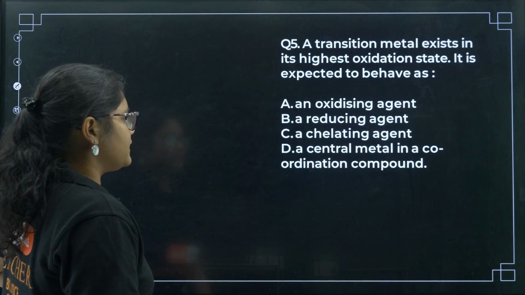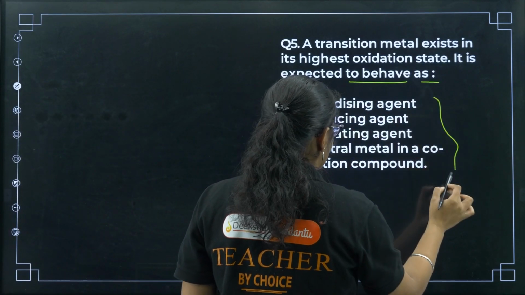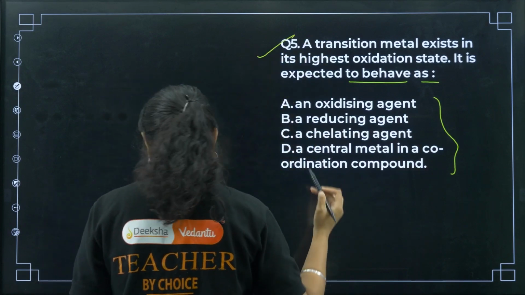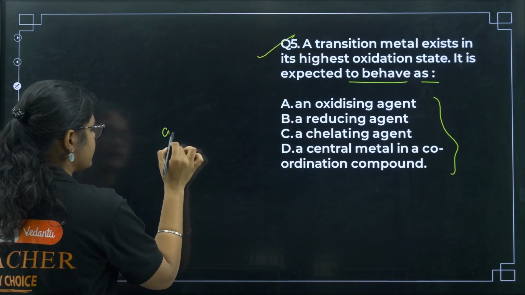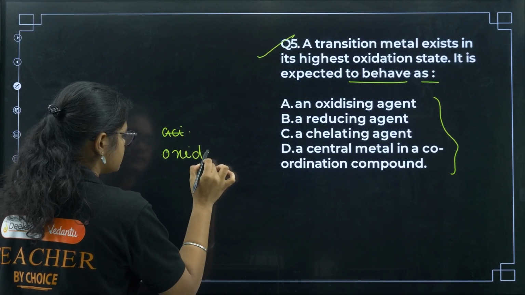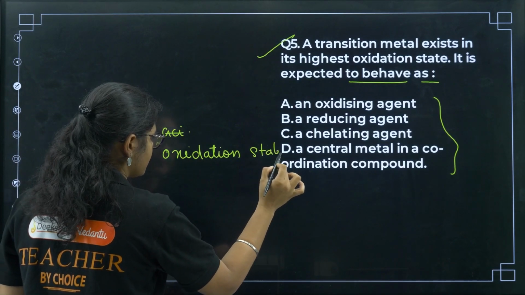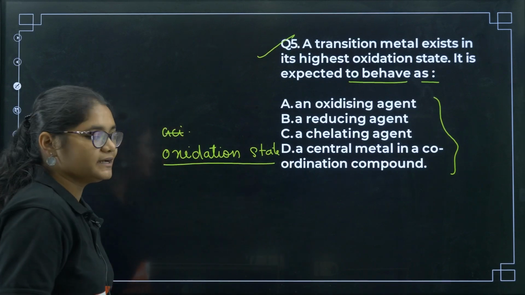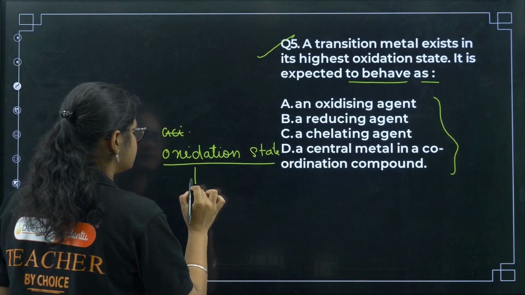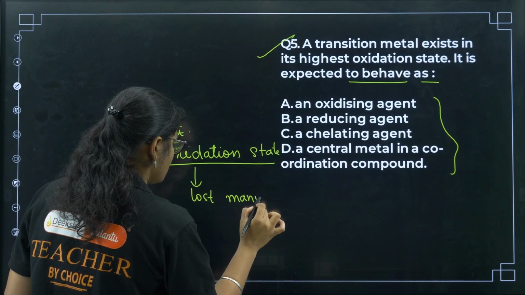Next, if a transition metal exists in its highest oxidation state, it is expected to behave as. Okay, this is also a very good question. Now see, if it is in the highest oxidation state, that means it has lost many electrons.